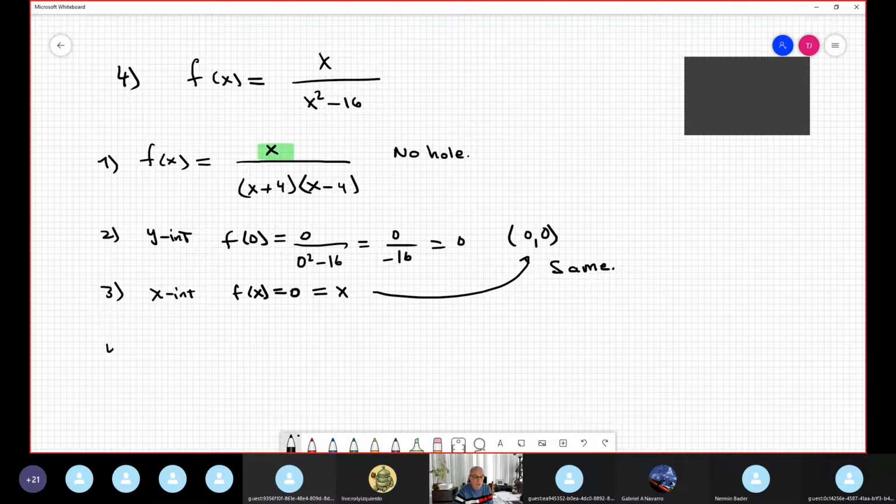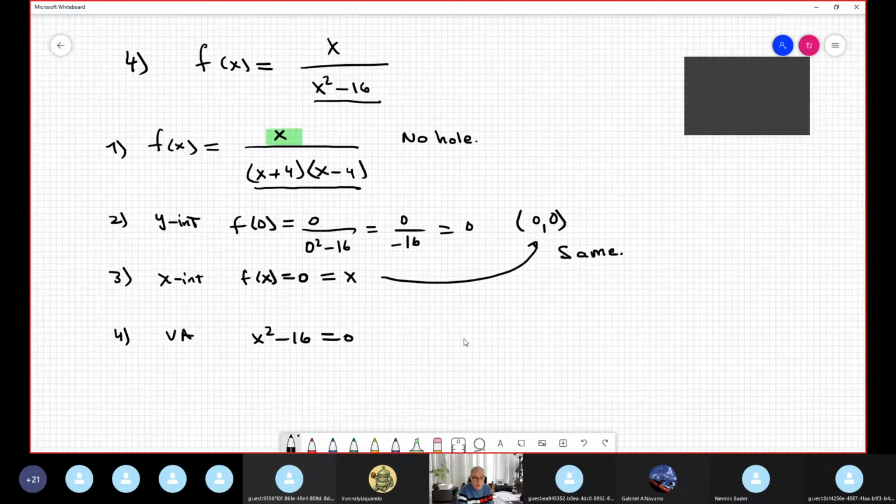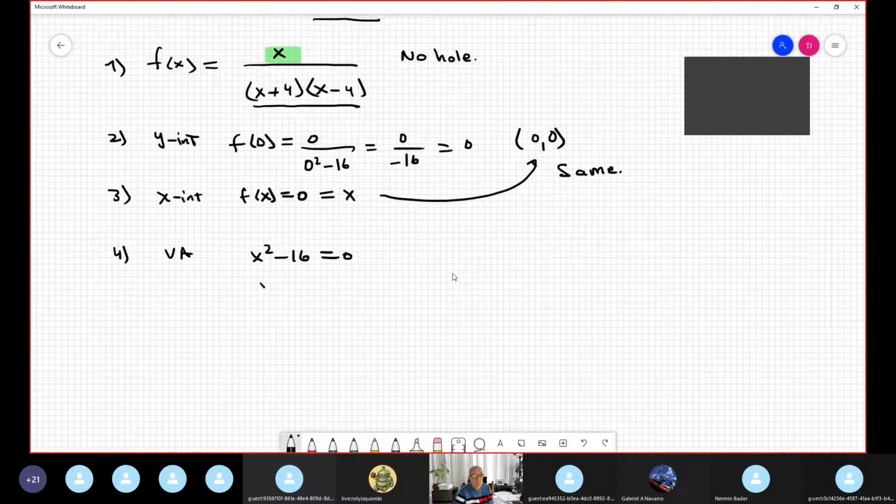Okay, number 4 is the vertical asymptote. For the vertical asymptote, you take the polynomial in the bottom, this or this, either way. Some people prefer it that way and solve it like a quadratic equation. It's plus or minus 4.